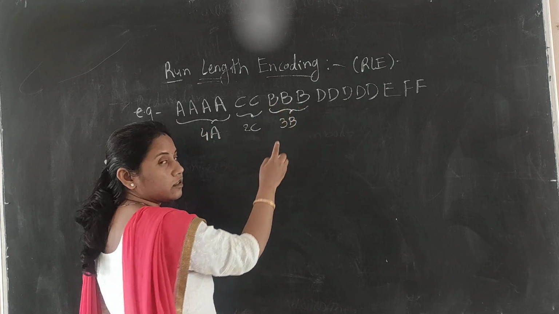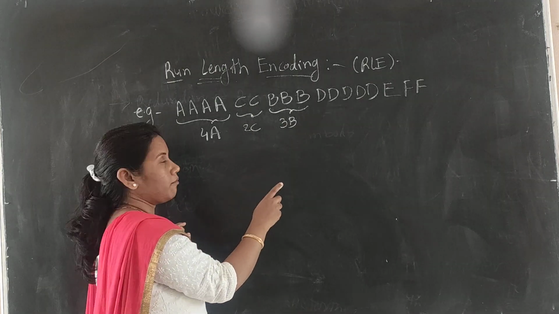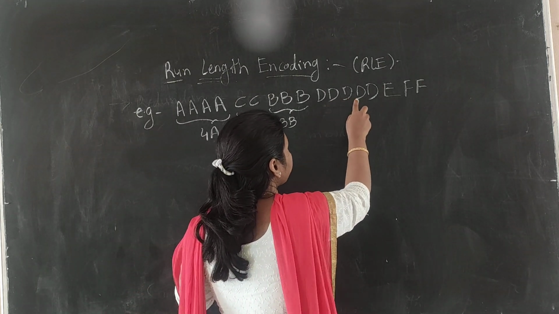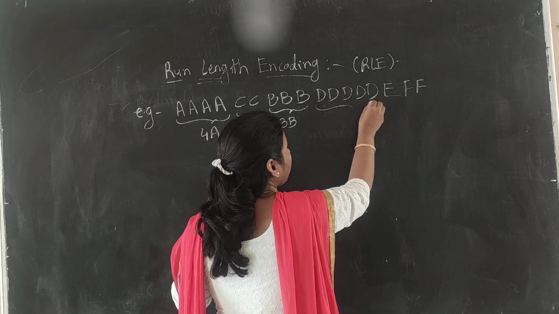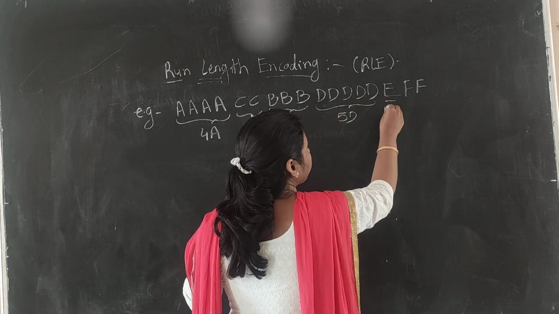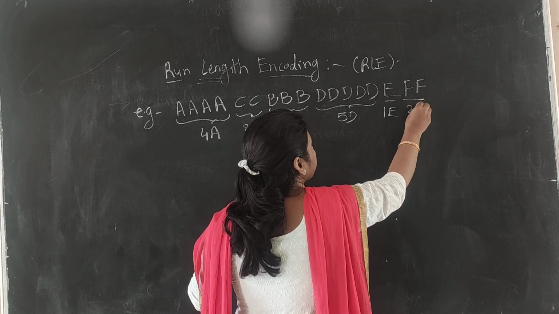Instead of 3 symbols, we encode the same message using 2 symbols. Then 1, 2, 3, 4, 5 D's, so 5D. E is 1E, and F is 2F.